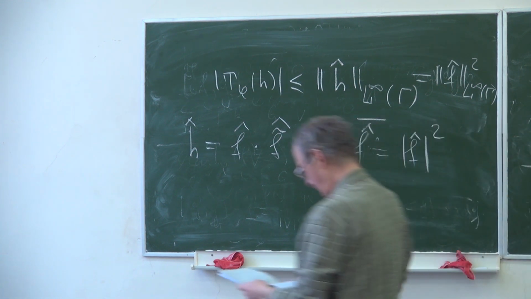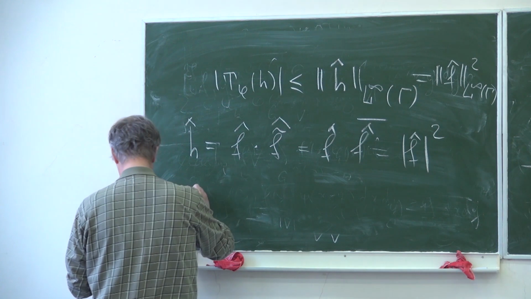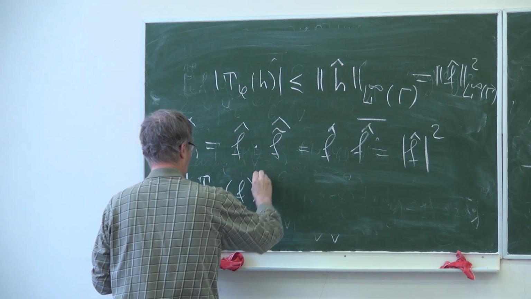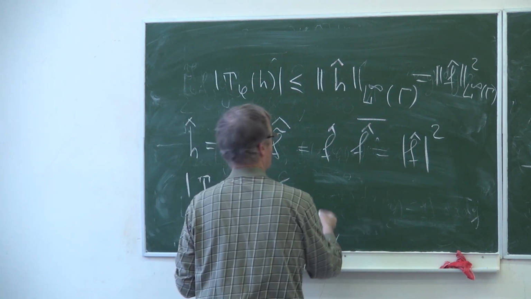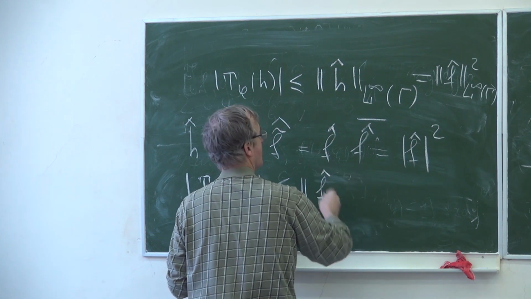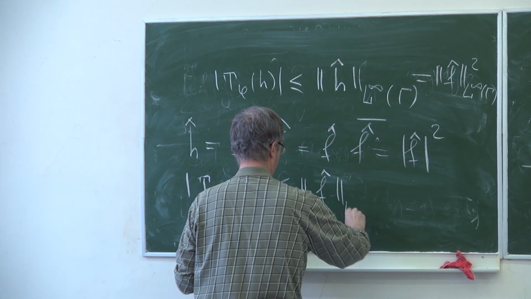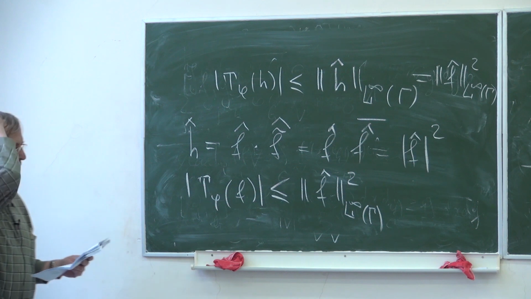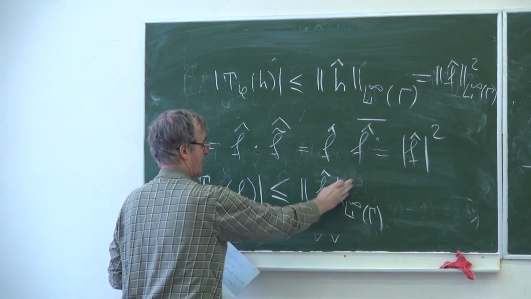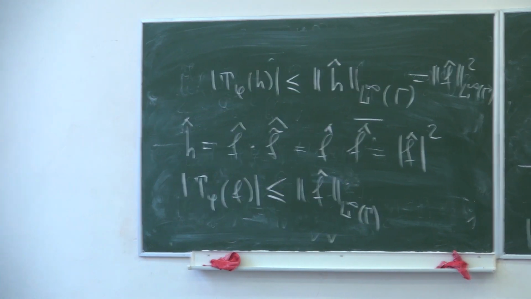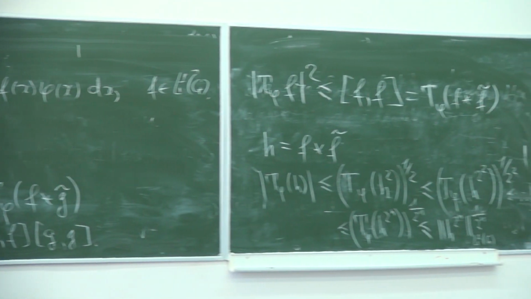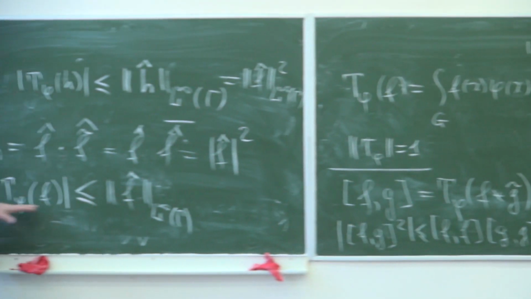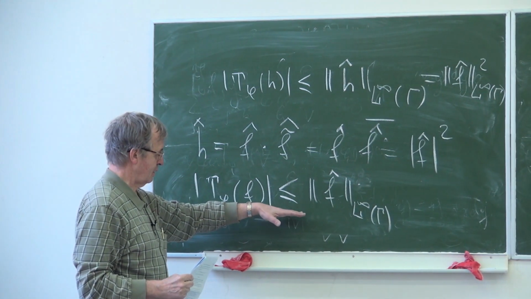So finally we obtain the following, that T phi of f is dominated by the norm of f hat in L infinity of gamma squared. This is precisely, not squared, without any square. So here we have a square. Here also we have a square, so we have this inequality. Well, so we have the estimate we looked for.